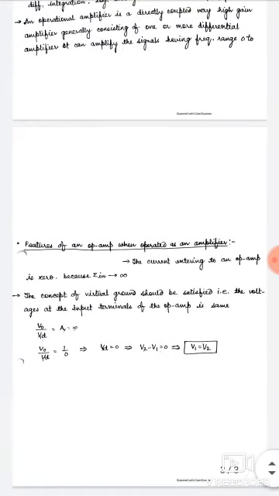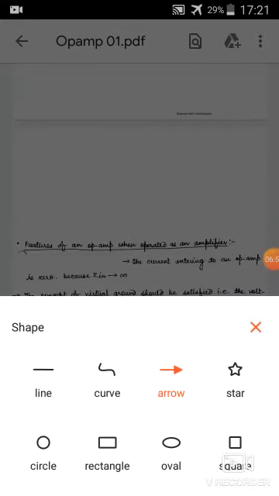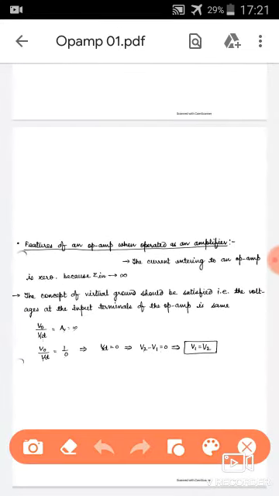Now the basic features of op-amp when it is operated as an amplifier. Here we have studied there are two terminals, inverting and non-inverting, and their difference is amplified. From the characteristics we understood that the voltage gain is infinite.